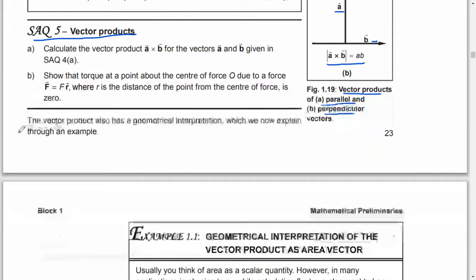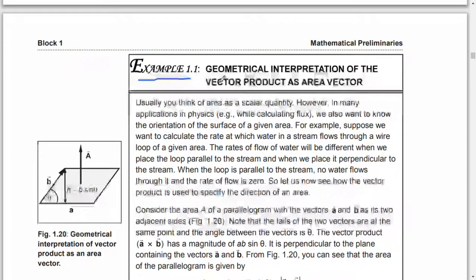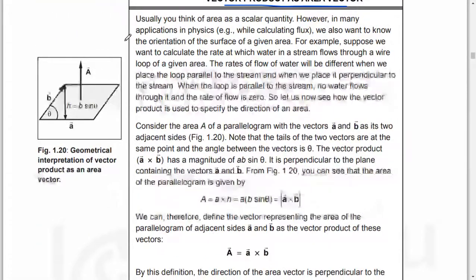The vector product also has a geometrical interpretation, which we now explain through an example. Example 1.1: Geometrical interpretation of the vector product as an area vector. Usually you think of area as a scalar quantity. However, in many applications in physics, for example while calculating flux, we also want to know the orientation of the surface of a given area.